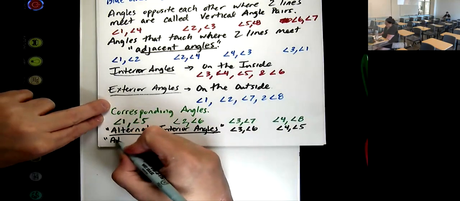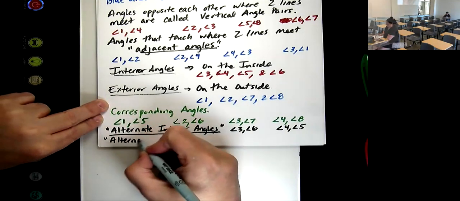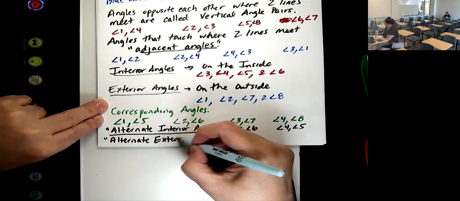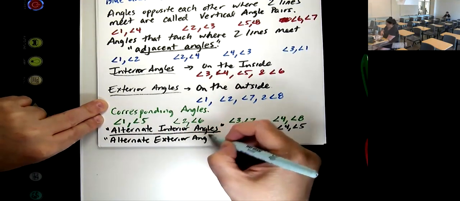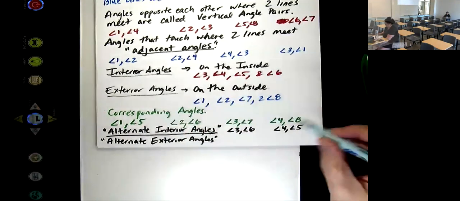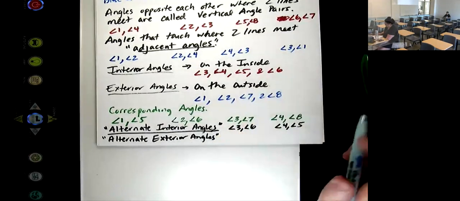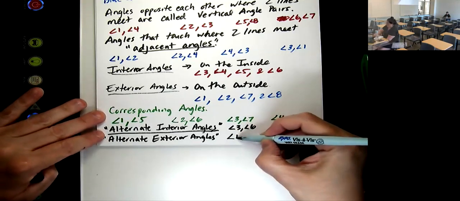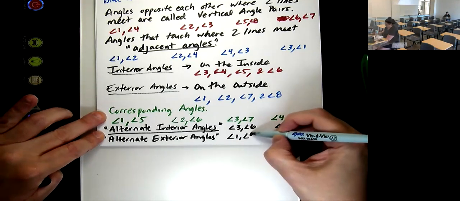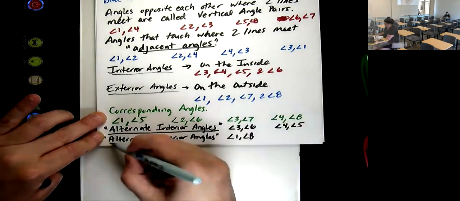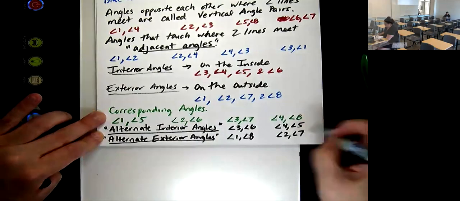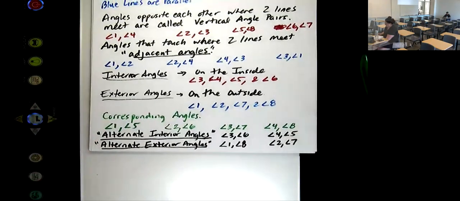Alternate exterior angles have to follow the same pattern. We want them on the opposite sides of the transversal line. So angle 1 and angle 8 are alternate exterior angles. Angles 2 and angle 7 are alternate exterior angles.